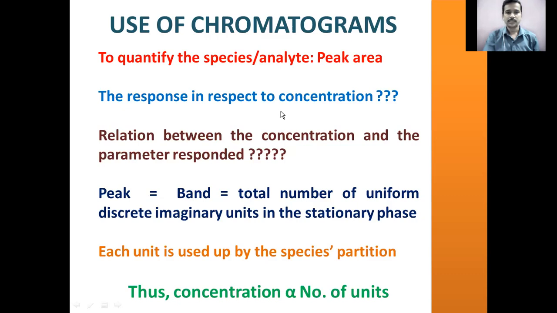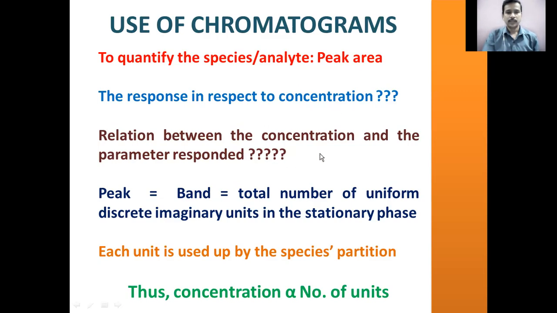So in what aspect will the detector be responding? The aspect is concentration. The detector will be responding with respect to concentration. As the concentration is low, the peak area will be lower. As the concentration is more, the peak area will be high. So this is the relationship we have to understand.